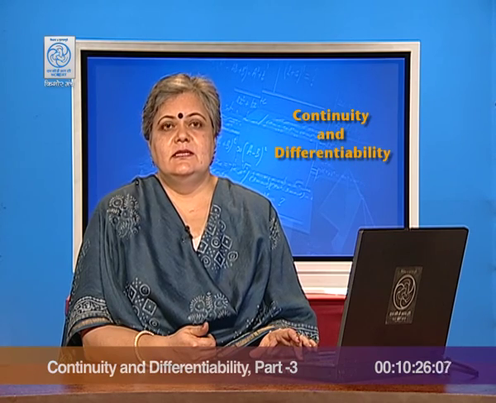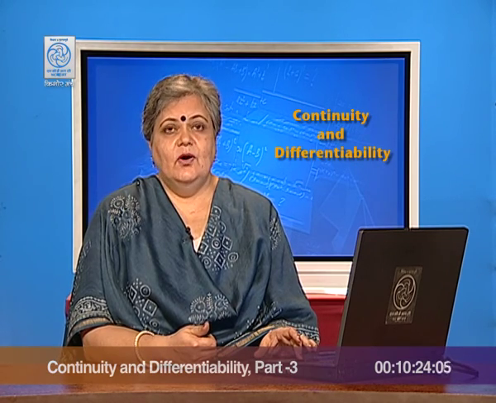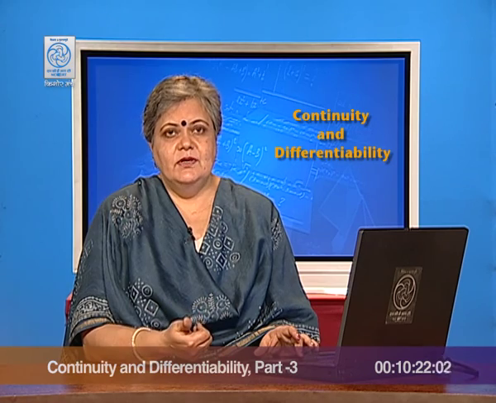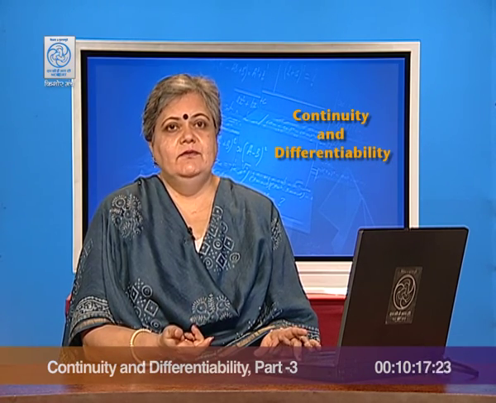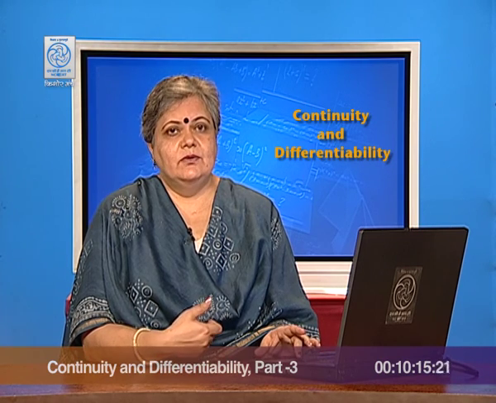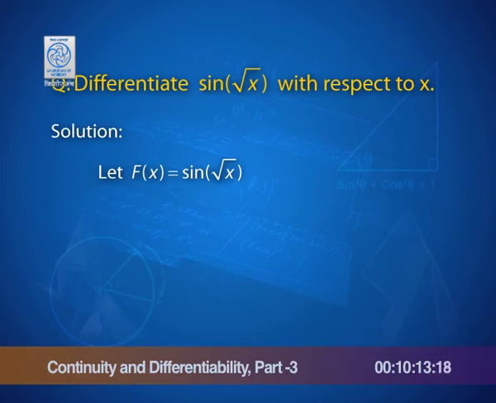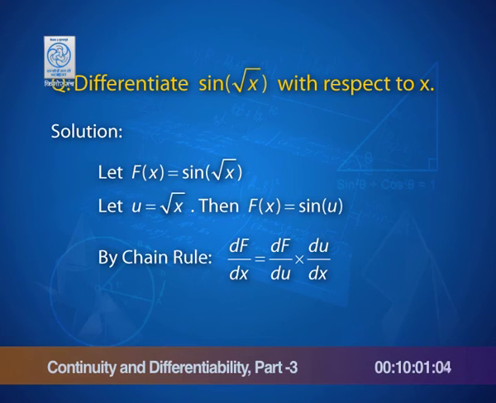Notice that this is definitely a composition of two functions, the sine function and the square root function. So, to find the derivative, we definitely need the chain rule. Our function, let us call it capital F, is sine of root x, and let us take the inner function, in this case root x, to be u.